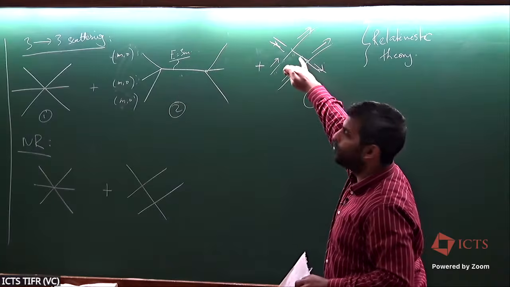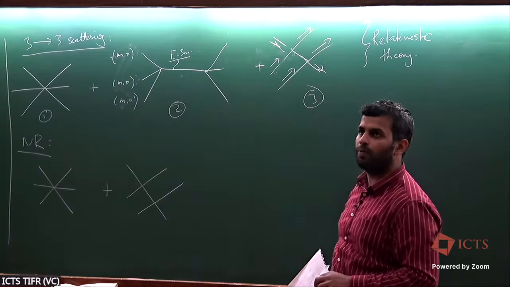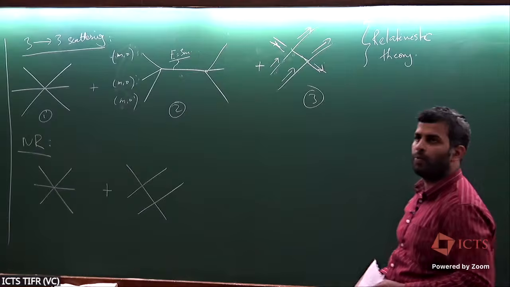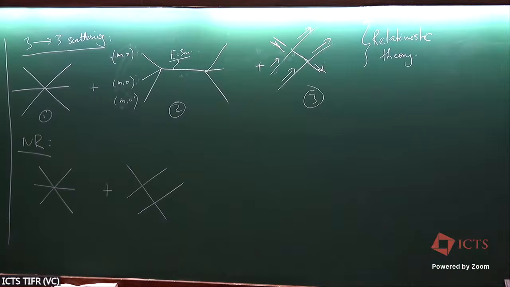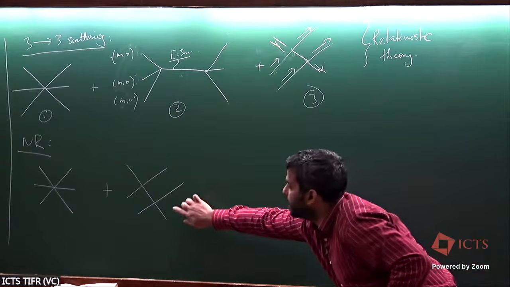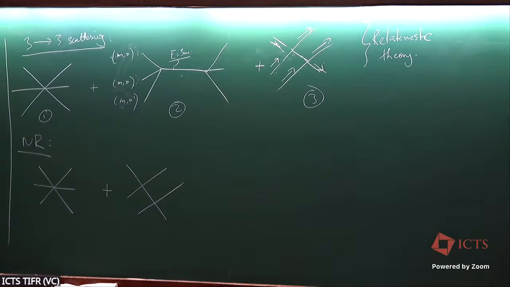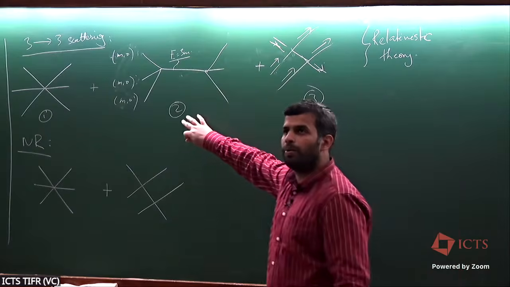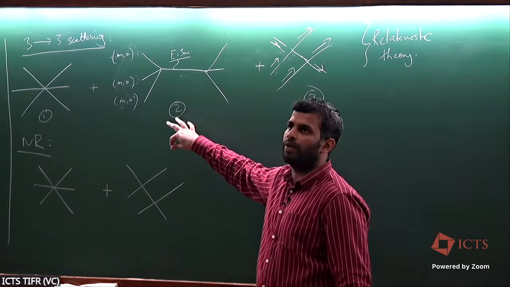Whereas this, as we will see, there would be a component where it would have a non-relativistic component, the IR piece of the non-relativistic piece. That would be matched onto this diagram. No, second diagram is important. So that is what it will contribute to the contact vertex.